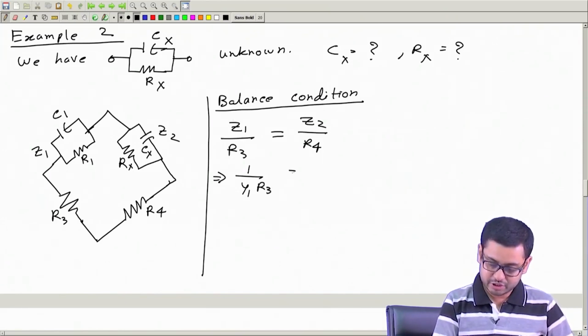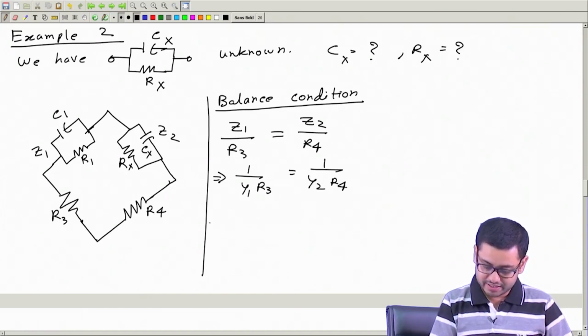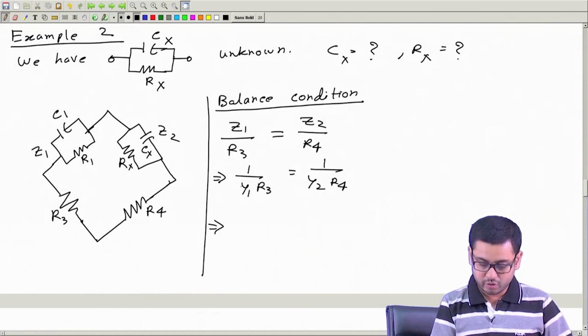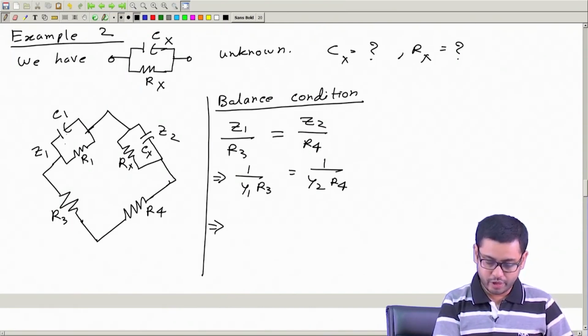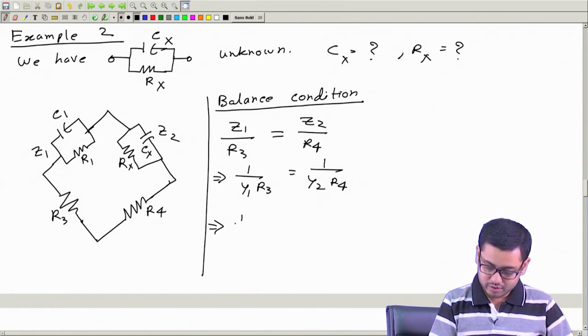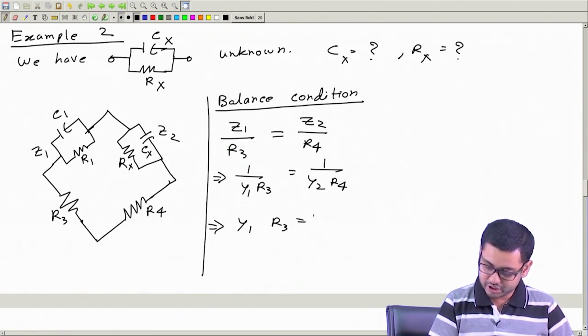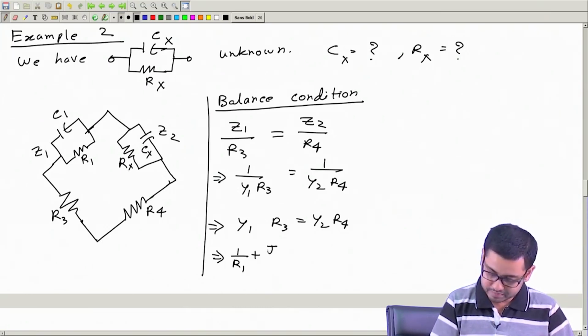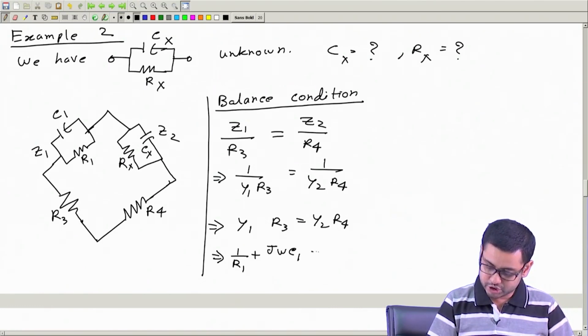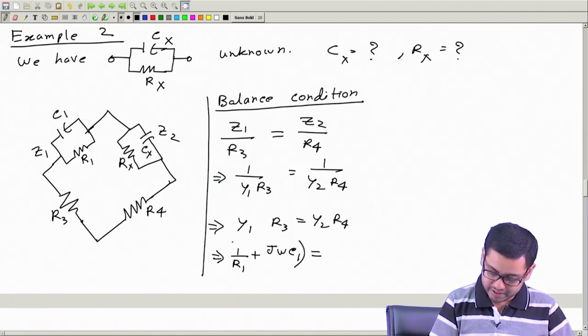Then R3 should be equal to y2 by R4. Let me first write it this way, y1 R3 same as y2 R4, and then in place of y1, this will be 1 by R1 plus j omega C1, this should be equal to, okay, whole multiplied by R3.